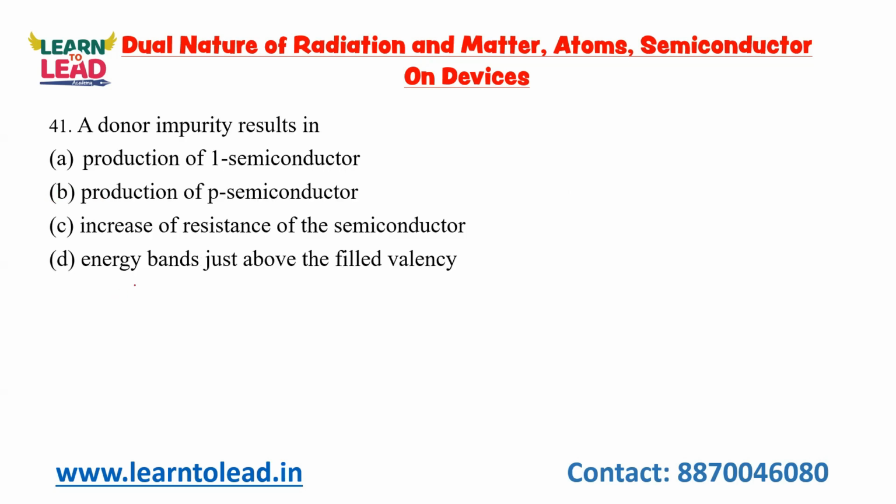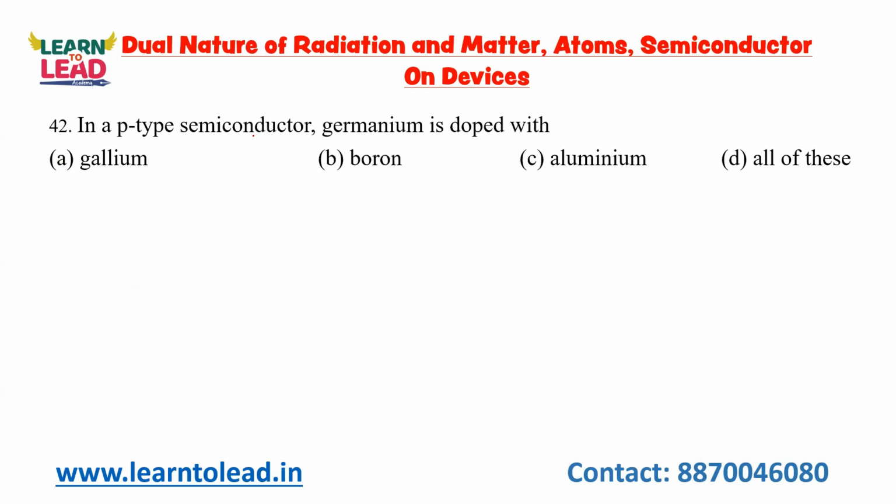Next, a donor impurity results in production of n-type semiconductor. A donor gives an extra electron.